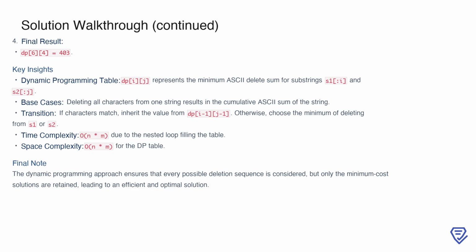The key insight here is the structure of the dynamic programming table, where each cell DP[i][j] represents the minimum cost for making the substrings S1[i] and S2[j] equal. The base cases handle scenarios where one string is empty, accumulating the ASCII sum of the other string. The transitions depend on whether the characters match.